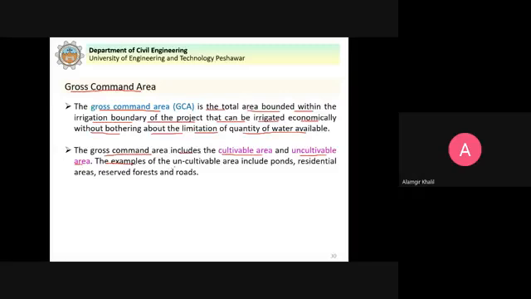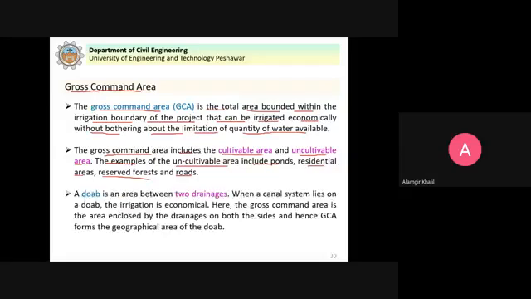Examples of the uncultivable area include ponds, residential areas, reserved forests, and roads, etc. So the gross command area includes both cultivable area, that is cultivated for crops, and uncultivable area, such as small ponds, residential areas, roads, reserved forest, etc.